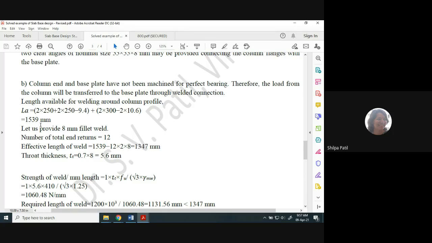Ma'am, but we have only considered the distance. We haven't considered the thickness. Okay, right. Then end returns are not required to be subtracted here.